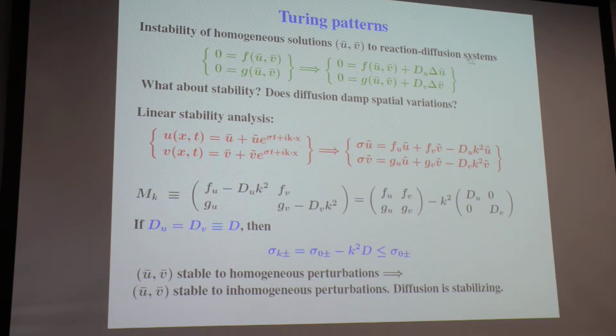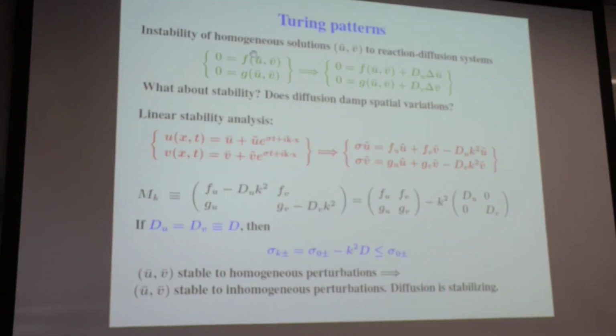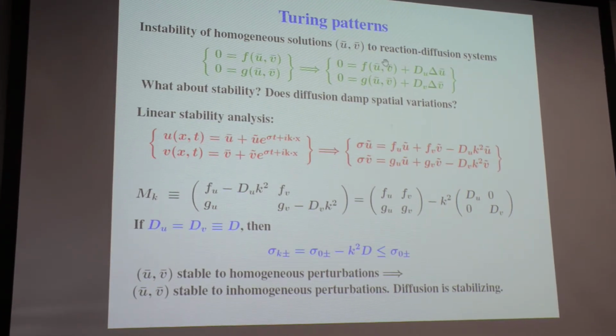Now we add on diffusion. The usual thought is diffusion damps instability. Remember that if you have variation in your values, then diffusion gives your excess value to your neighbors. It generally has a damping sort of feeling about it. So you might think that if you were stable without spatial variation, without diffusion, then you would be even more stable with diffusion.